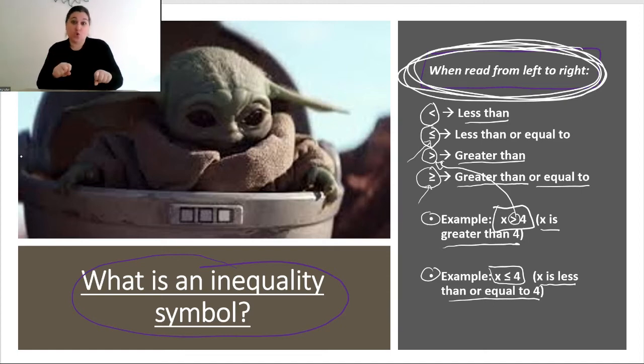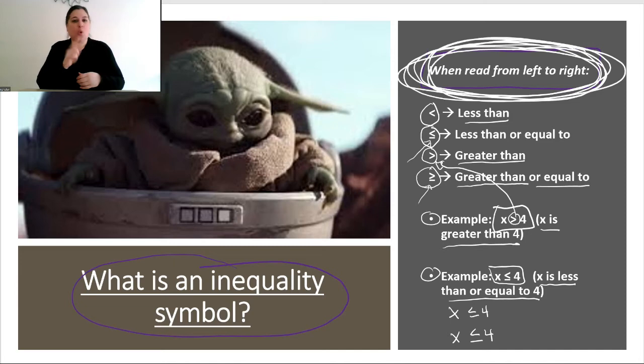Yes, you can read it from right to left. For example, x is less than or equal to 4, I can read it like this: 4 is greater than or equal to x. They're both true statements, but it's easy to get confused, so just read it from left to right because that's how we will be doing it in class.